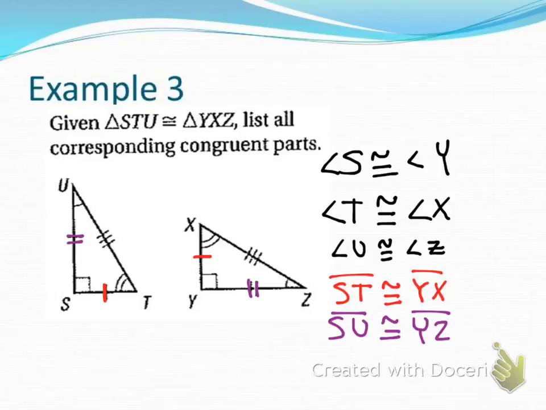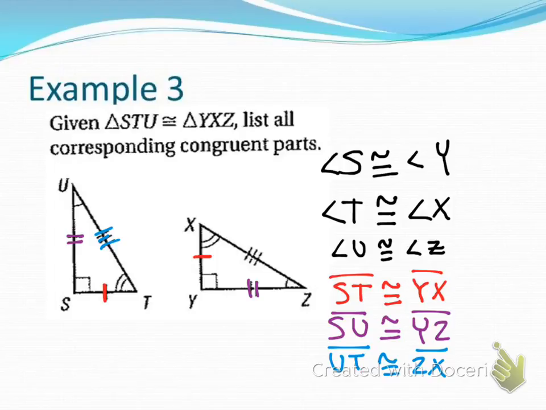And then last one, we can call it UT. So I started in the angle that had 1 mark, I went down to the one with 2. So start with 1 and go to 2, so ZX. Very good.